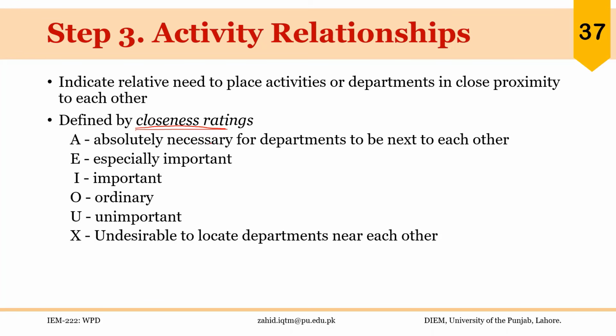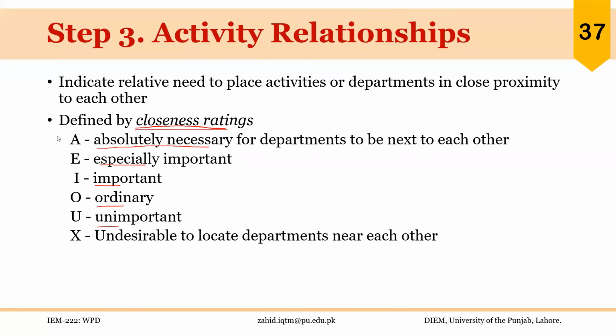The one that is mentioned in Groover's book and that we are going to use is the AEIOU type rating. A stands for absolutely necessary for departments to be next to each other. E is especially important. I is important. O is ordinary, having ordinary importance, and U is unimportant.